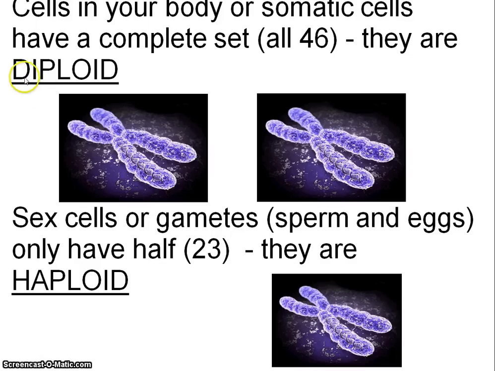Diploid because you have both pairs. Sex cells, or gametes, that's sperm or egg. Boys, you have sperm, girls, you have eggs. They have only half of the chromosomes, or 23 chromosomes, so they only have one of that pair. And we call those haploid. Sometimes we represent diploid with a 2N, and haploid with just an N.